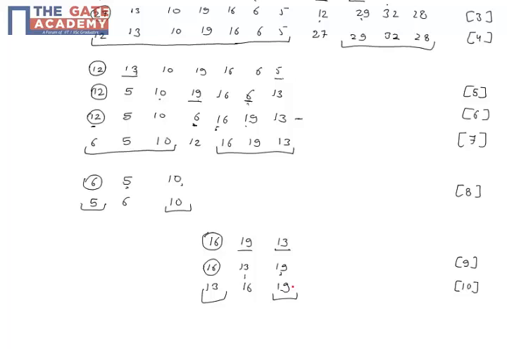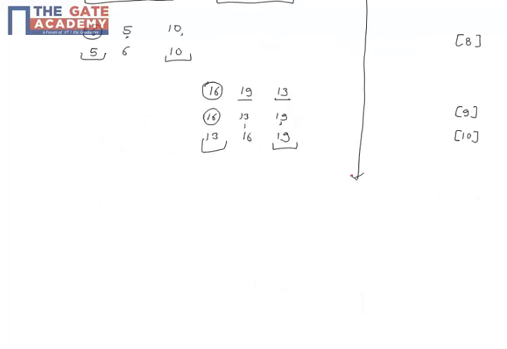Now I'll take the list which I left behind at the start, the one which was on the right hand side of 27. These items are 29, 32 and 28. I'll take 29 as my pivot element.